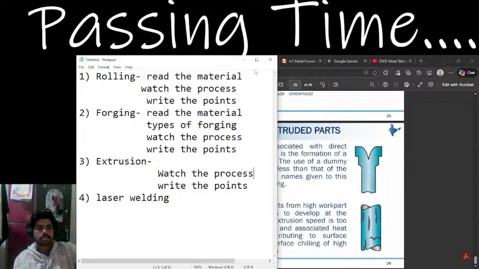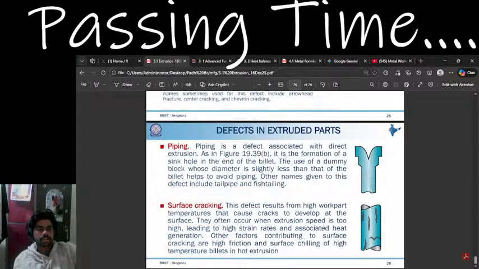Okay, yeah, so what's the process? I think I already watched the process. Write the points, I was supposed to write it. I think I'm going to sleep now because I thought I would complete stuff, but I didn't get in a position to do it.